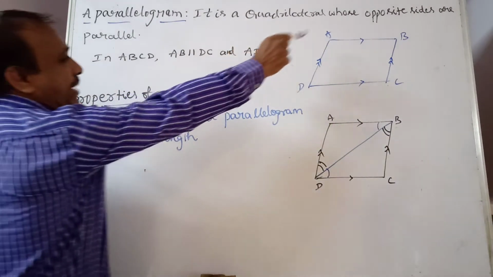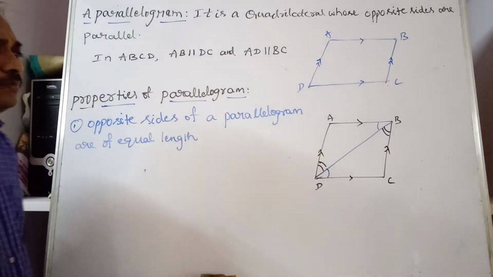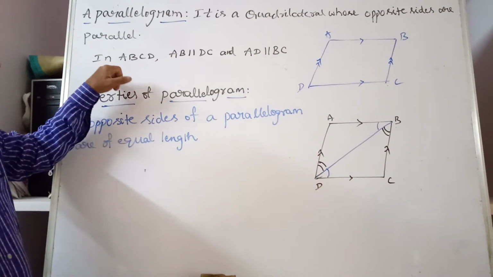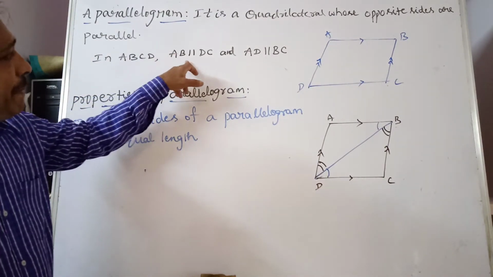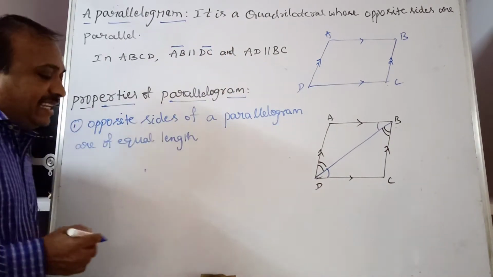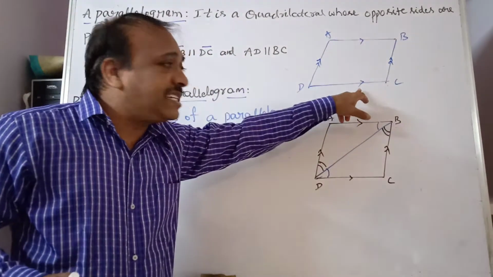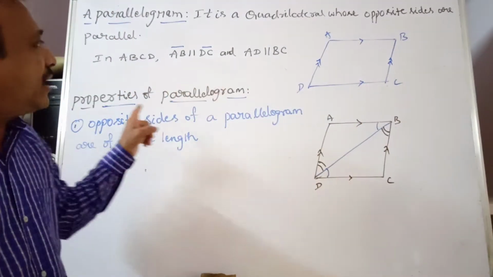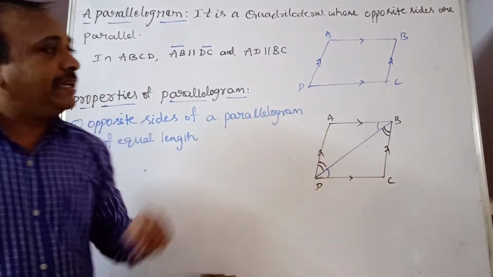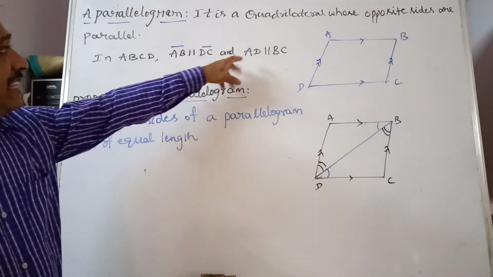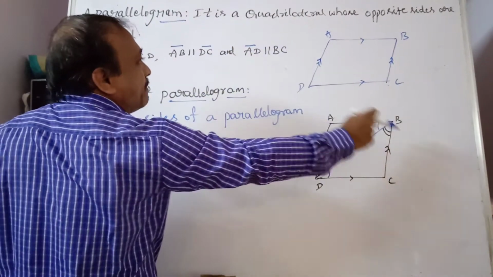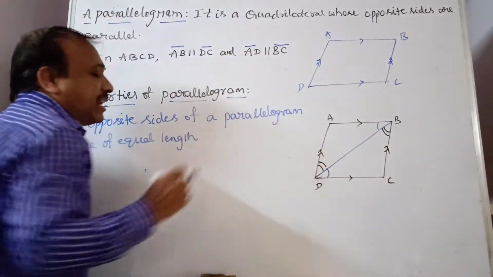You see, ABCD is a quadrilateral. In ABCD, AB is parallel to DC. Observe it. The arrow mark represents that they are parallel. Then another pair, AD is parallel to BC.